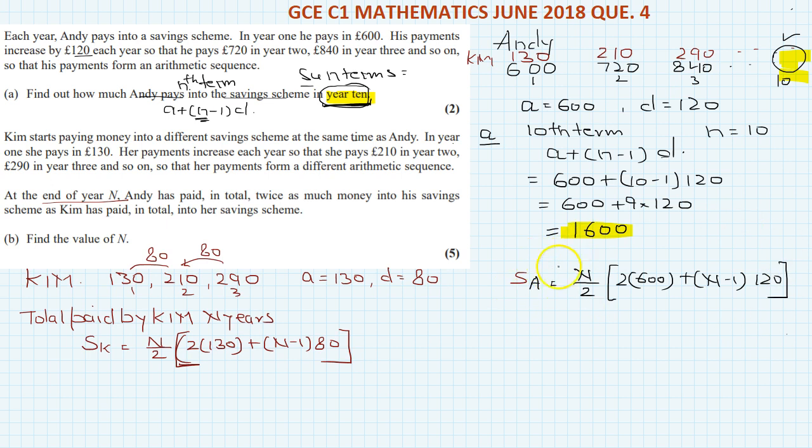This is the total money paid by Andy after the end of n years, say 10 years, 20 years or whatever. And in both cases the number of years n is equal.